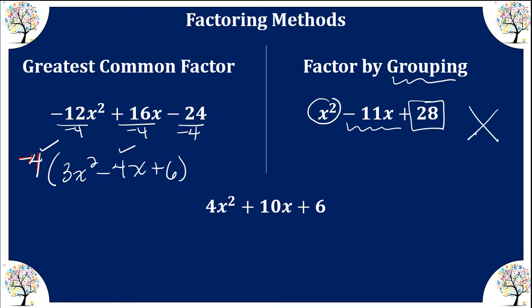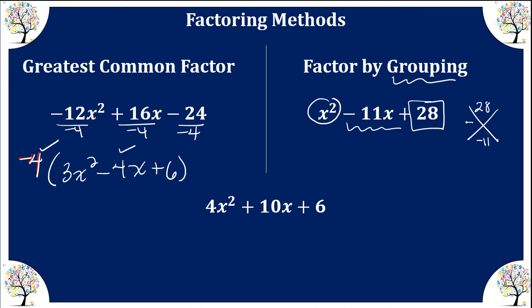So let's use our graphic organizer, and notice that we do have our A is 1, and so we say 1 times C, so 28 is our product, and -11, the coefficient of our linear term, is our sum. So what two factors of 28 add to give us -11?